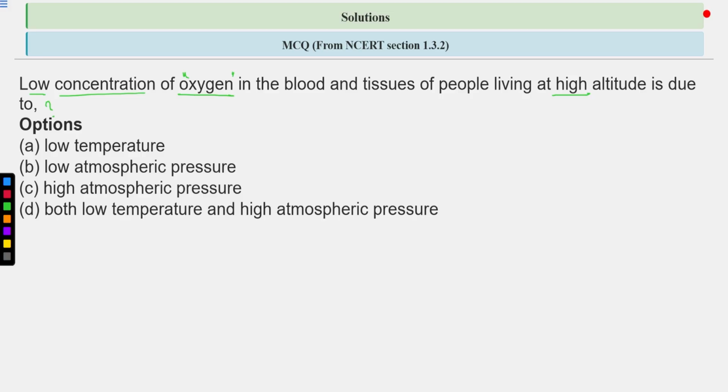What is the reason behind that? The options are low temperature, low atmospheric pressure, high atmospheric pressure, or both low temperature and high atmospheric pressure together. So you have some time, go through it, and then we will continue to the correct answer.